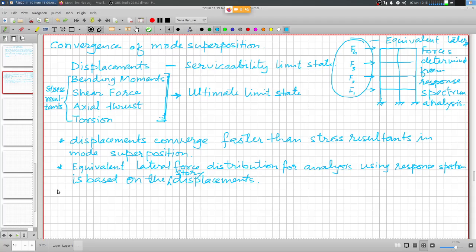So the first thing is that the contribution of higher modes is significant in stress resultants.